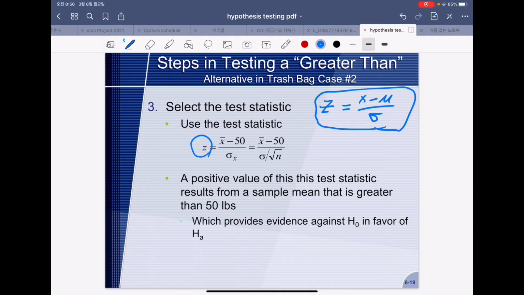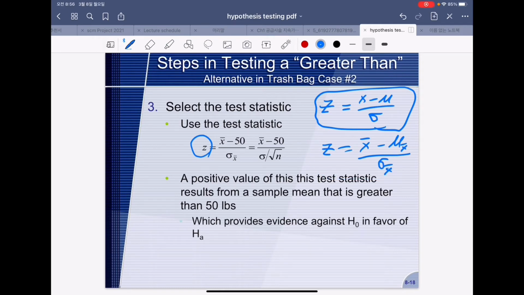Now, if you transform x bar to z, you use mu of x bar and sigma of x bar, right?